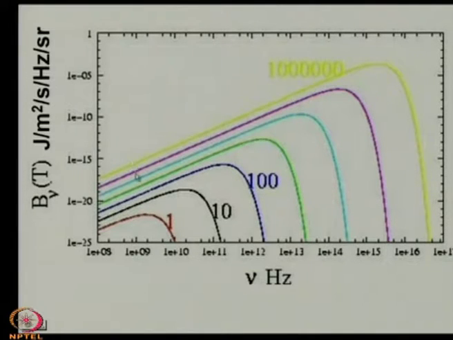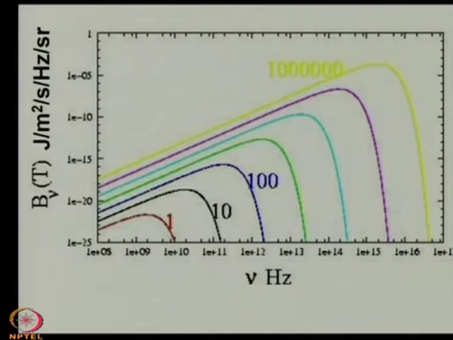So, if I observe some radiation and I know it is a black body, and if I can measure just any one point on this curve, I know the temperature immediately, it is unique. Okay. So, if I can measure just one frequency, then the temperature is uniquely determined, because the curves do not intersect.